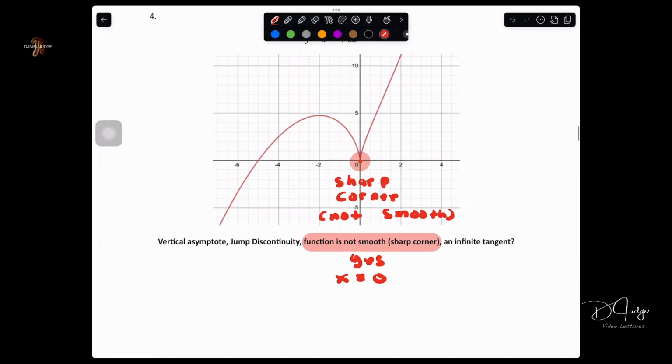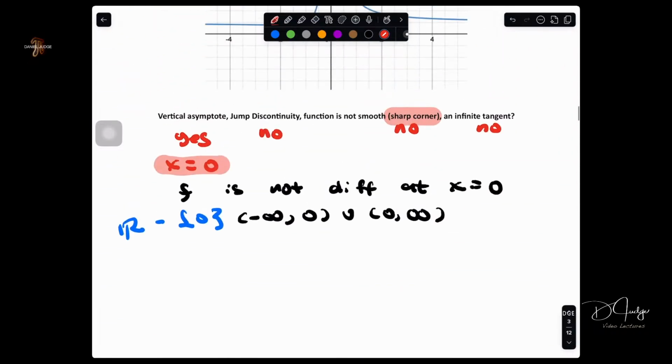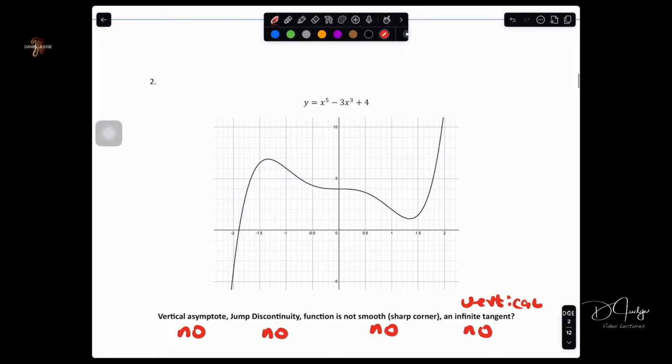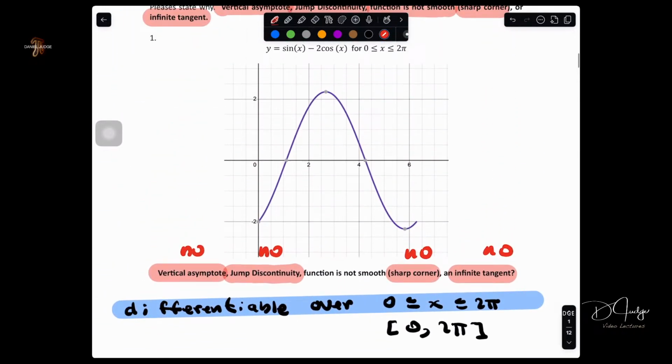That's almost, in some ways, the essence of not being differentiable. Being differentiable means your curve is smooth, like in these locations here. This is nice and smooth, ladies and gentlemen. There's no sharp corners. This is nice and smooth.